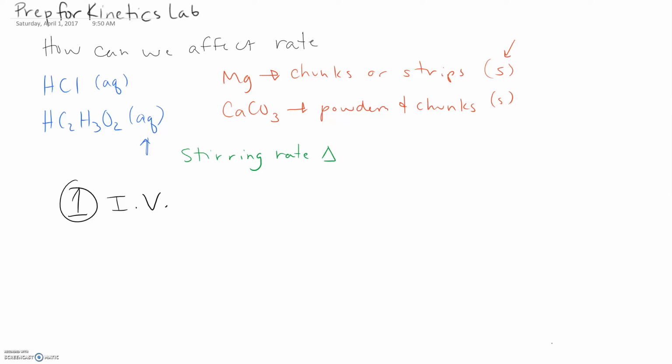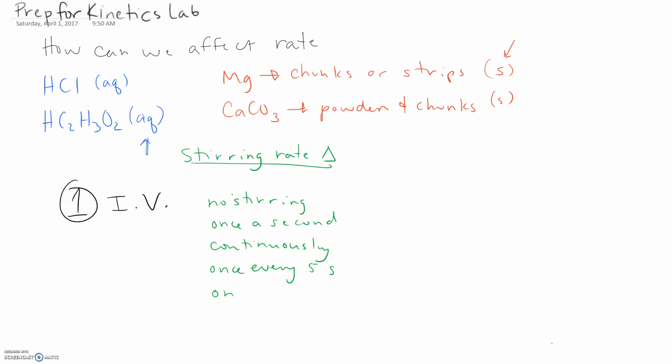So I'm going to use stirring as the example because, again, I want you to look back at your notes for the other ones. But you could stir at different rates. You could stir not at all, no stirring. Or you could stir once every second. You could stir continuously. You could stir once every 5 seconds.